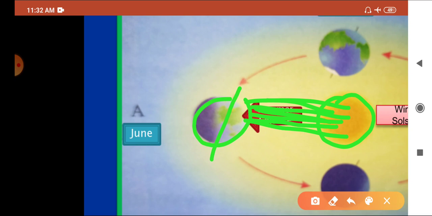At the same time, if you see this portion near the south pole, the southern hemisphere is experiencing winters because sun rays are not reaching this region. This is the first point you can understand, that summers and winters are there in these regions.